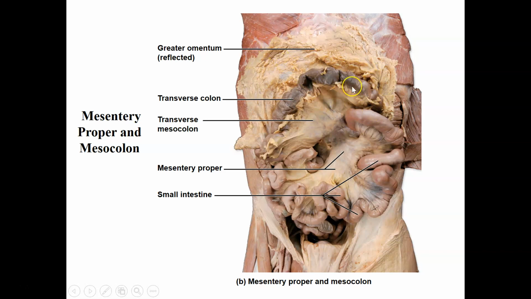Greater omentum is attached to stomach and one segment of the large intestine called the transverse colon. Okay, there's another mesentery that's connecting this same segment to the dorsal body wall. Here is the extensive mesentery connecting all of the small intestine also to the dorsal body wall.